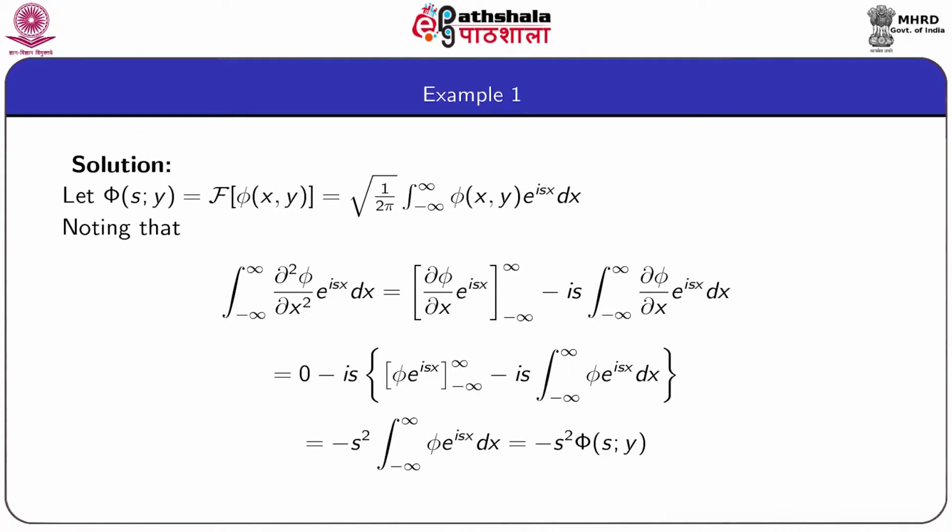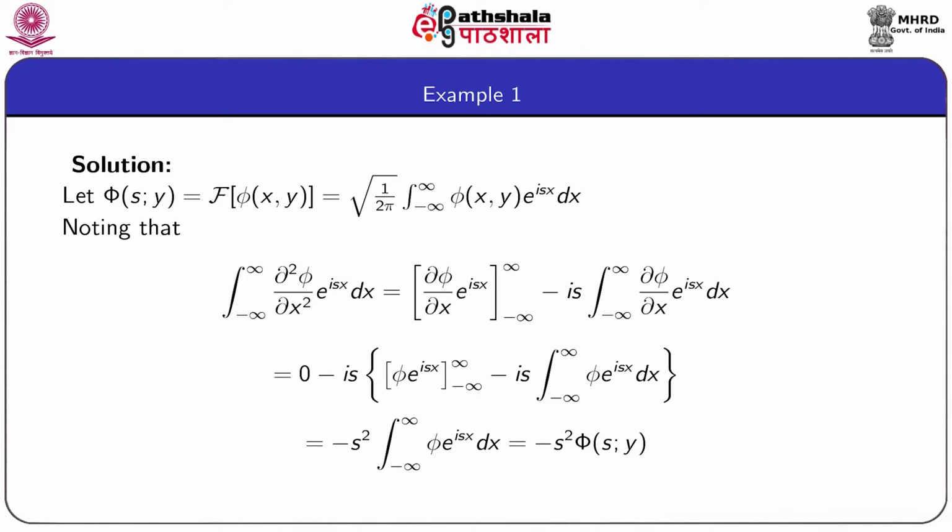For this, let us suppose capital Phi(s,y) is the Fourier transform of small phi(x,y), which is defined as 1 by root over 2 pi integral from minus infinity to plus infinity phi(x,y) e to the power isx dx.